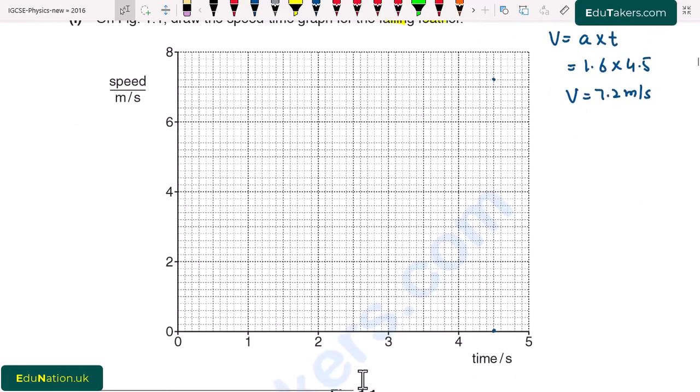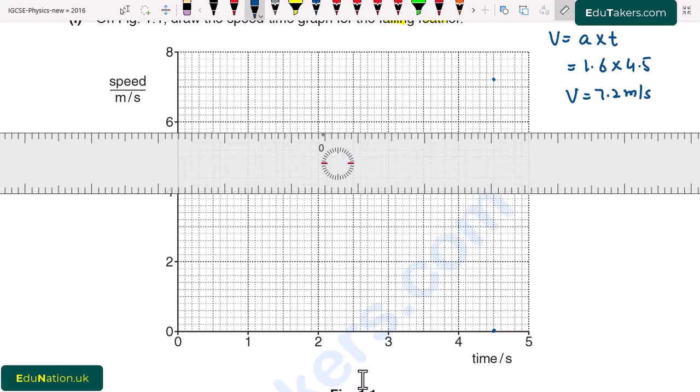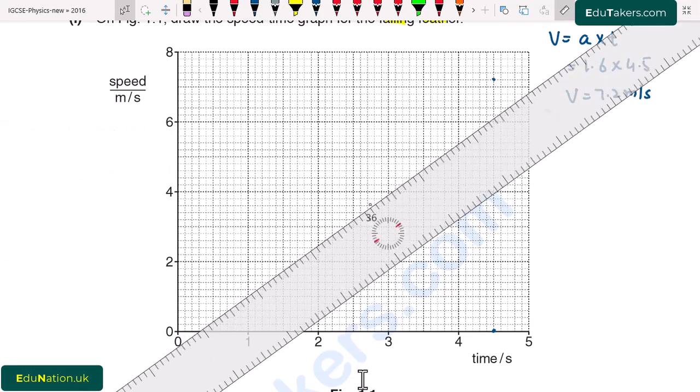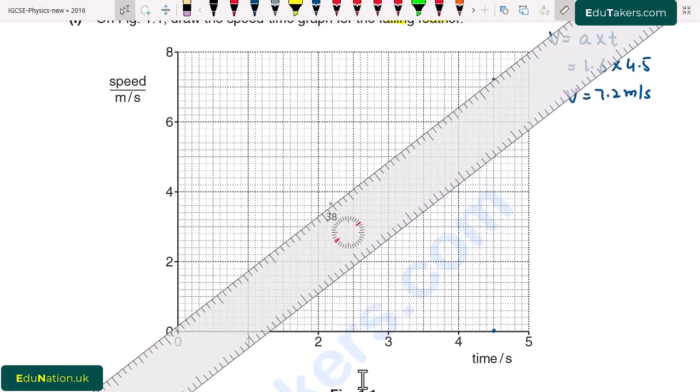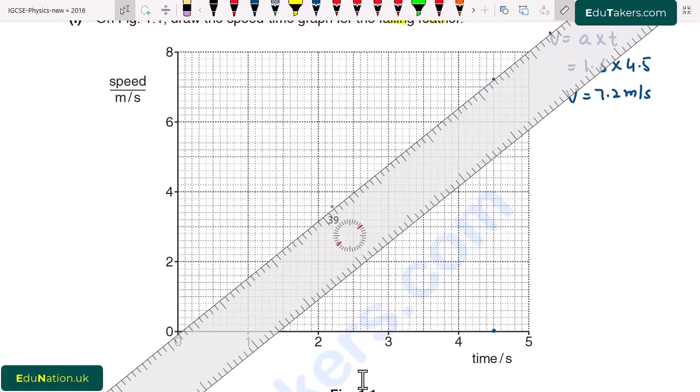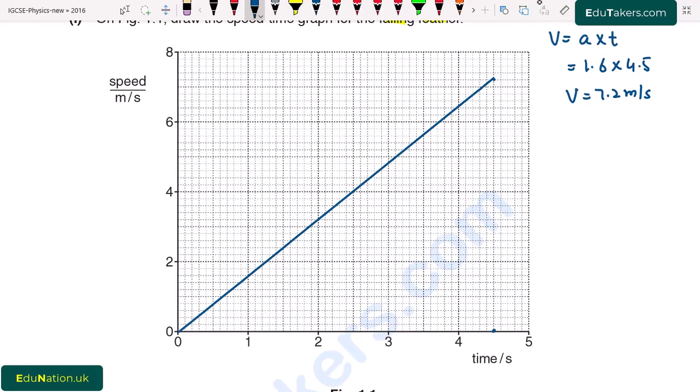So I draw here a straight line that starts from the origin because initially the feather is at rest. So I draw here the graph. So this graph is a straight line.